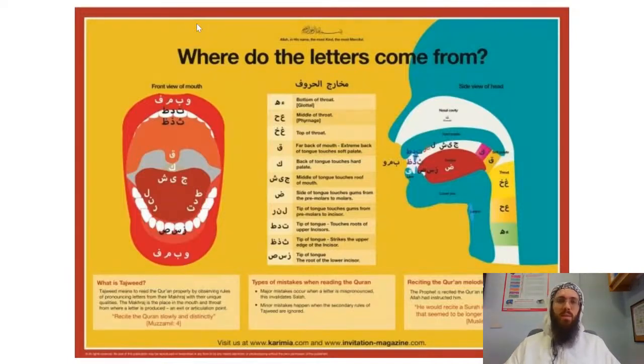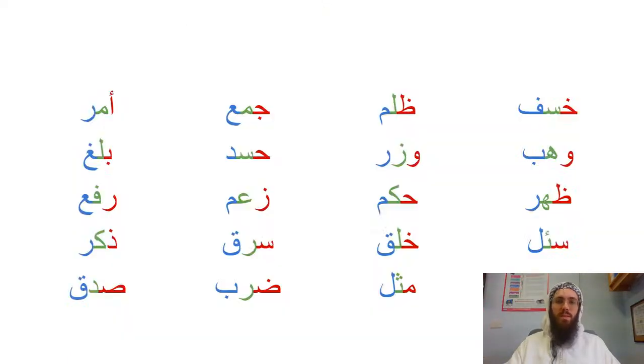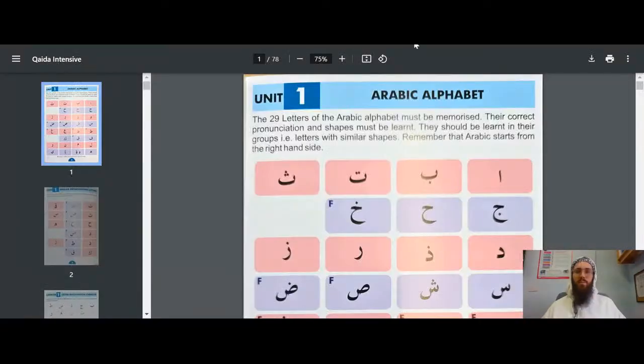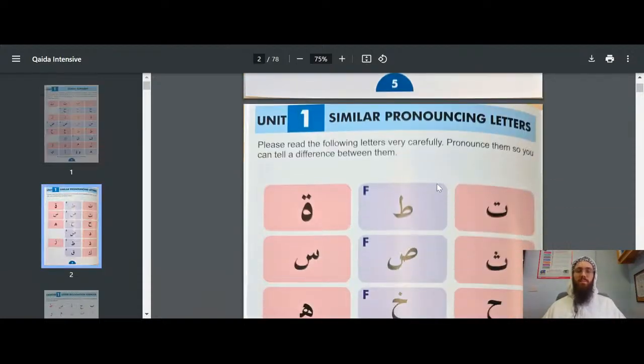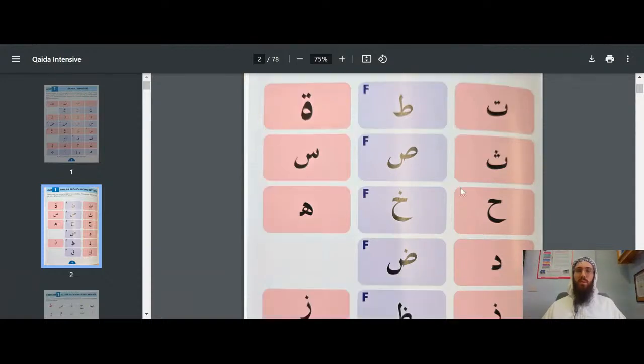So this is everything. We're going to come back to this here, inshallah. So let's take a look on this tab, and let's take a look at this book. So you start with the Arabic alphabet, and this is a very helpful exercise. We're going to look at similar sounding letters. So that first letter there is a ta.